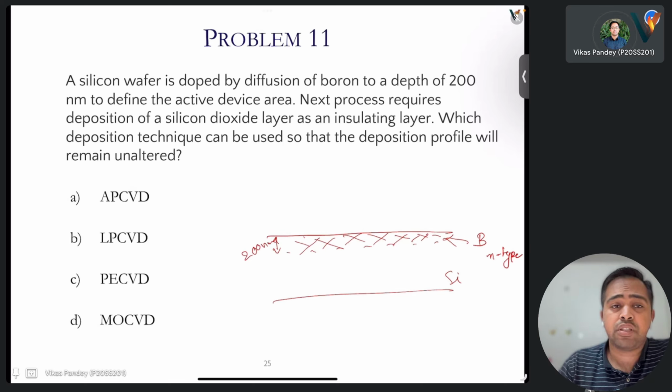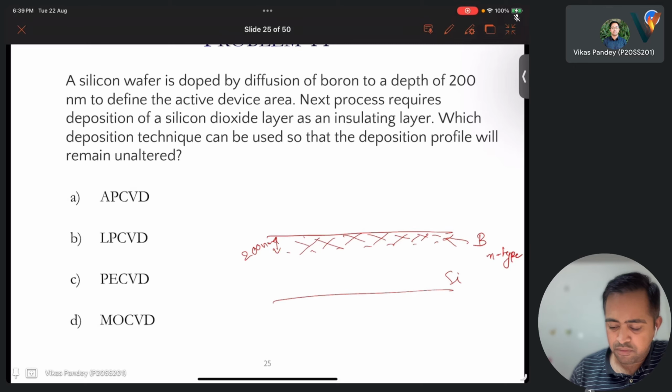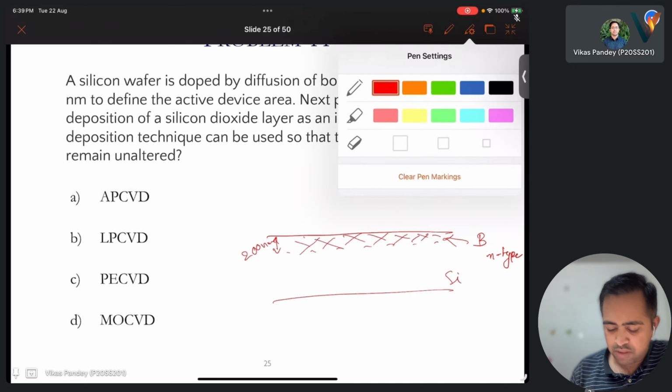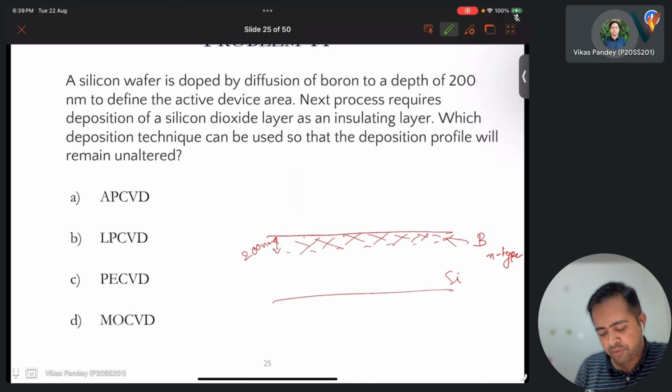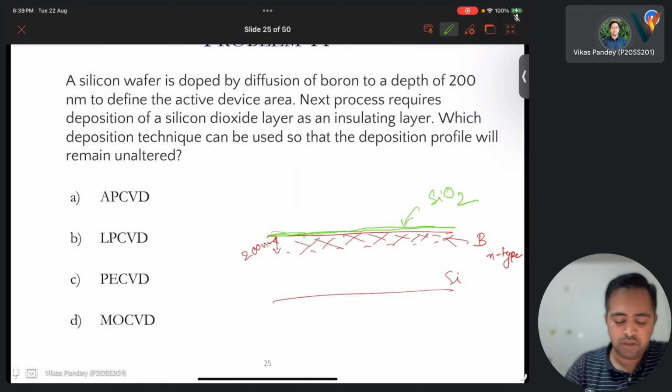The next process requires deposition of a silicon dioxide layer as an insulating layer. Okay, so now we want that on top of it we deposit silicon dioxide.